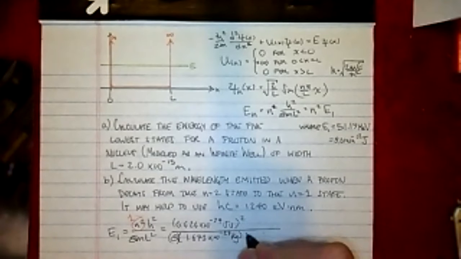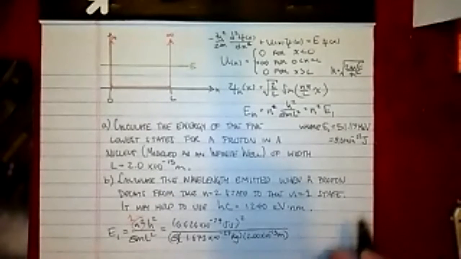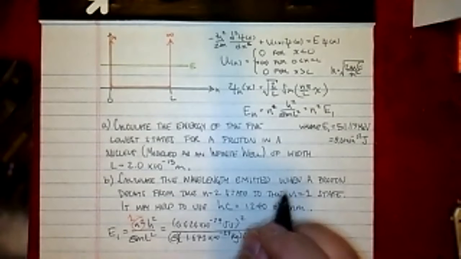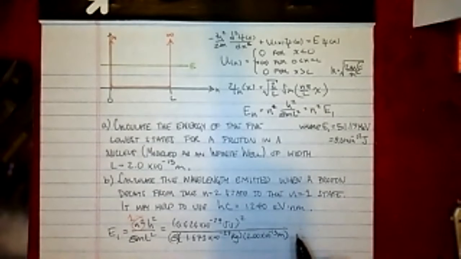And then the L is 2.00 times 10 to the negative 15th meters. And basically it goes from 1.76 for helium, for hydrogen, to about 11 or 12 for uranium, the more or less largest nucleus. So this is a fairly reasonable result.